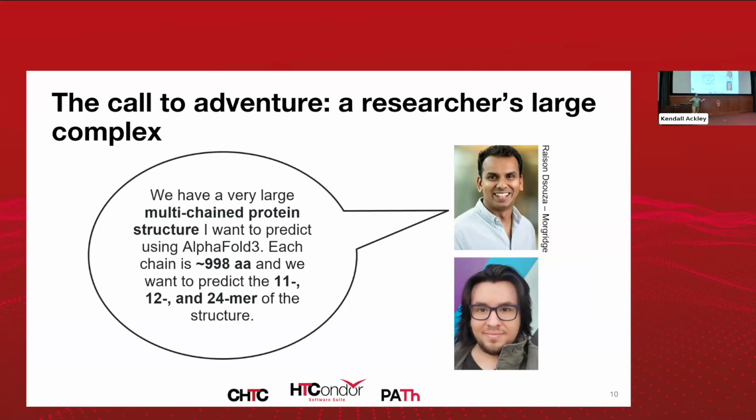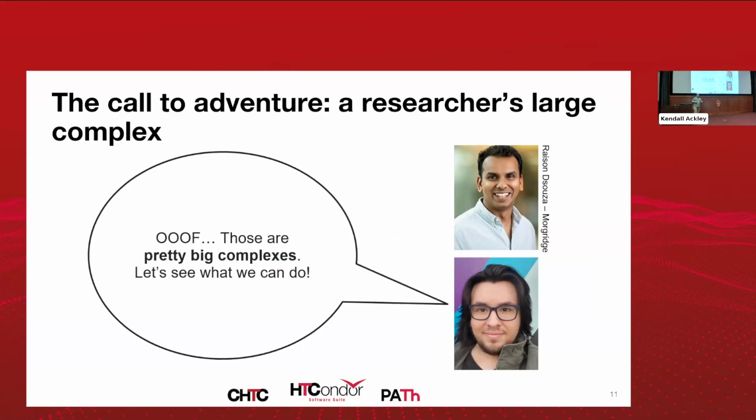It is about 1,000 amino acids each chain, and I want to look at the 11, 12, and 24-mer versions of this structure. So that's 11, 12, and 24 copies of this chain in a single structure. As soon as Raison said that to me, I was like, ooh, that's a massive structure that we're going to be trying to predict. I was very discouraged in general when I heard that at first, but I was like, let's see what we can do.